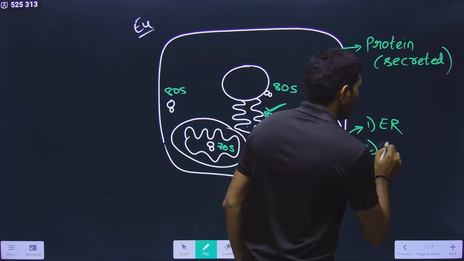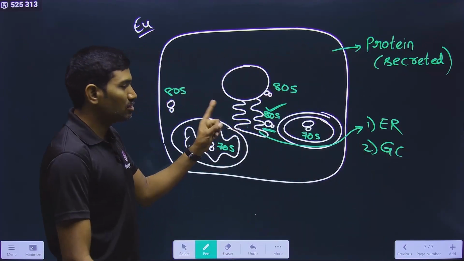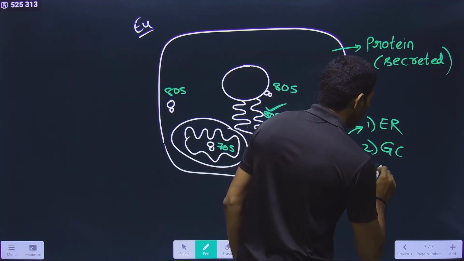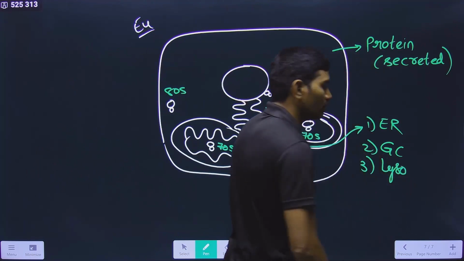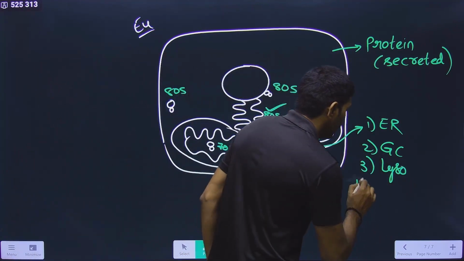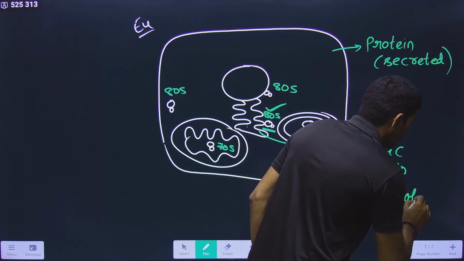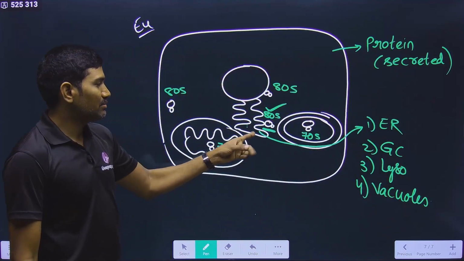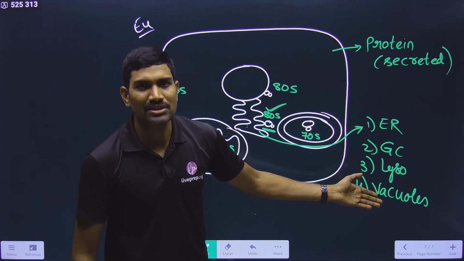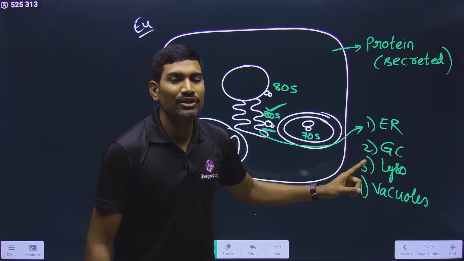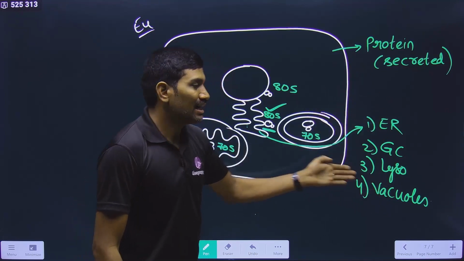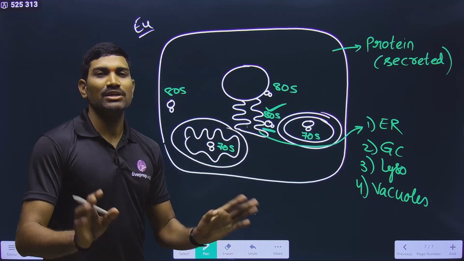Next, proteins for the Golgi complex are also synthesized by ribosomes on the endoplasmic reticulum. Proteins for lysosomes, they are also synthesized by ribosomes on the ER. Proteins for vacuoles, they are also synthesized by ribosomes on the ER. You can easily understand this. These 4 are part of the endomembrane system, right? So proteins required for the endomembrane system are synthesized by ribosomes on the endoplasmic reticulum.